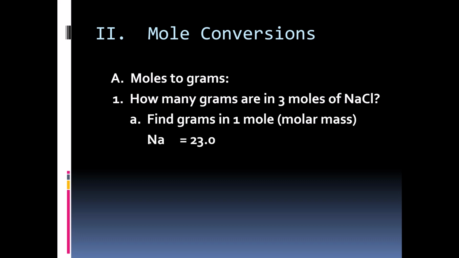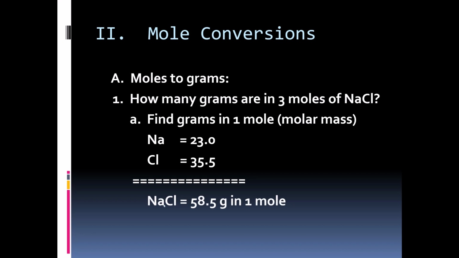We know that sodium is 23 grams per mole and chlorine is 35.5 grams per mole. Since there's no numbers, that means there's one of each, so we just add those together to get a molar mass of 58.5 grams for 1 mole of sodium chloride.